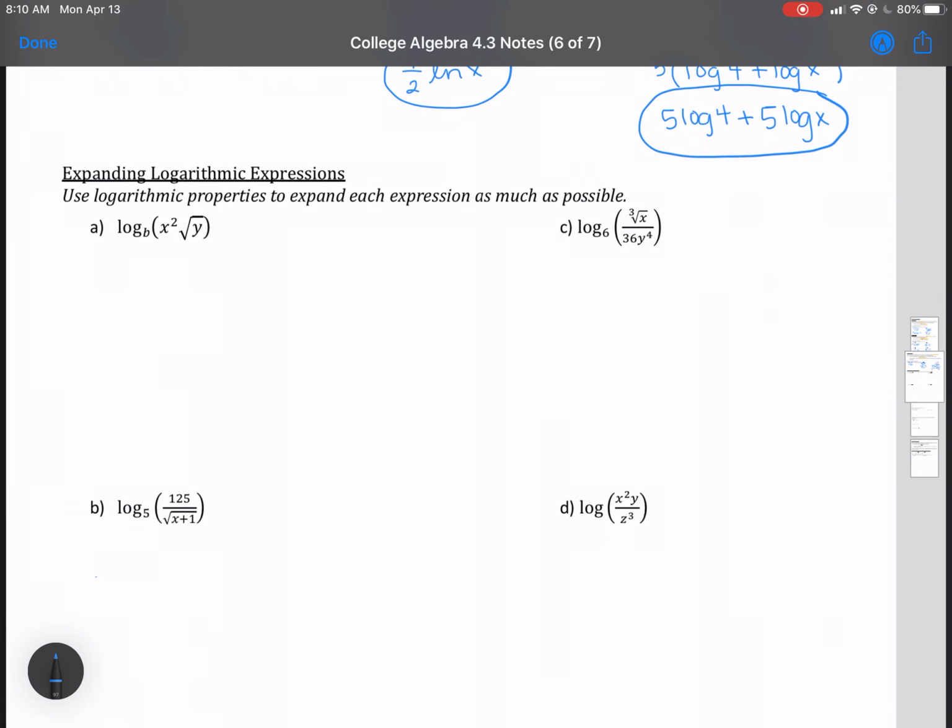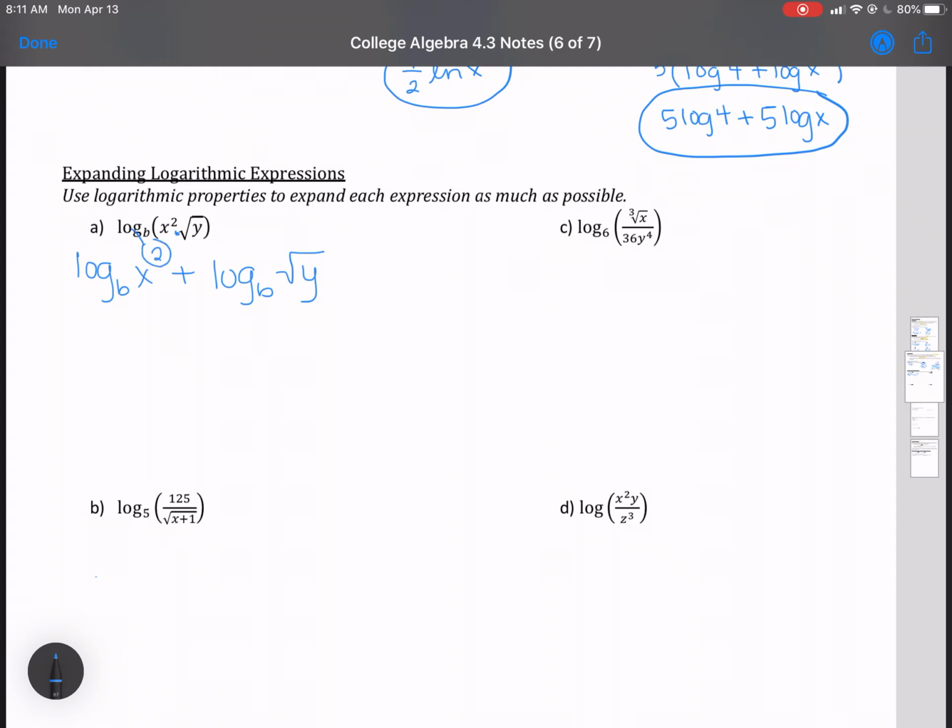Okay, so if we look at a, we have log base b of x squared times the square root of y. Since we're multiplying, that's the same thing as adding. So log base b of x squared plus log base b of the square root of y. And then we can move our exponents.